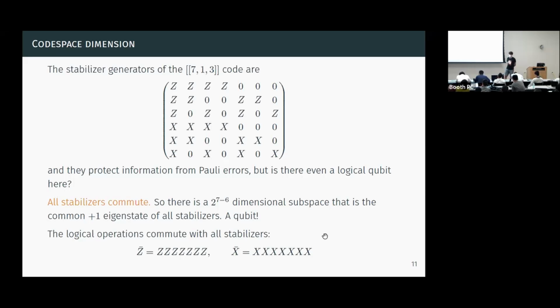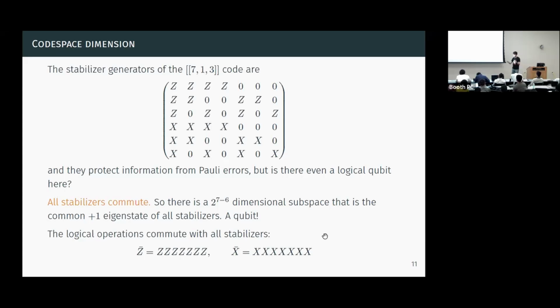Yeah, so why did the number of logical qubits go down from the classical code? It's because we added more stabilizers to our code. Recall that from the classical case we are writing down the parity check matrix, but in a quantum setting, and each row is telling us, oh, this is a bit string that is not in our code space, right?